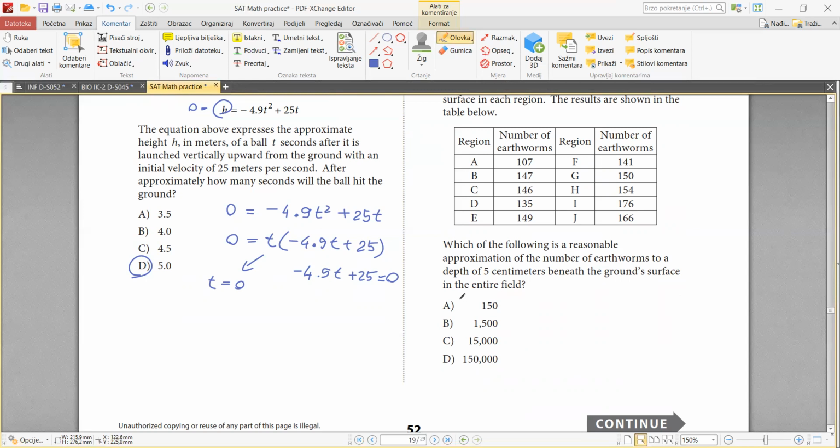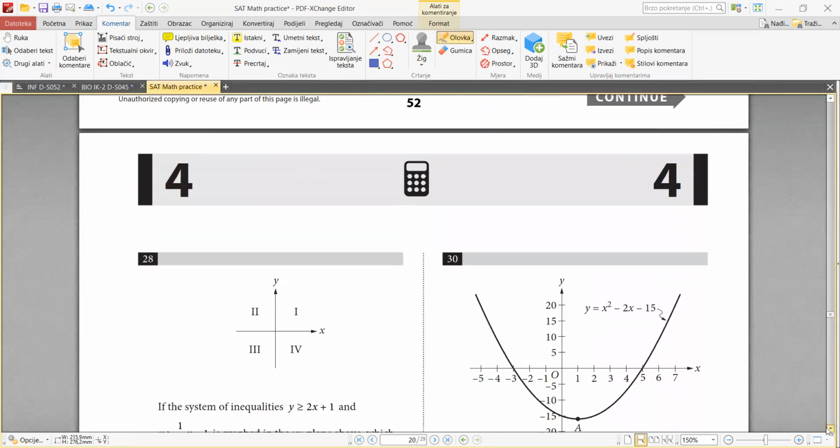So approximation would be 1500. We have 10 regions, which are roughly all around 150. 150 times 10 equals 1500. So we'll choose B.